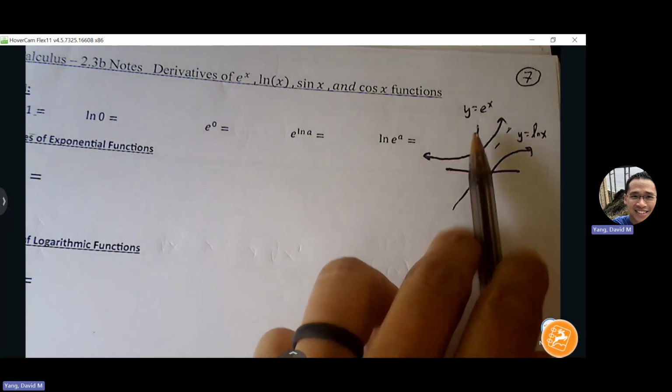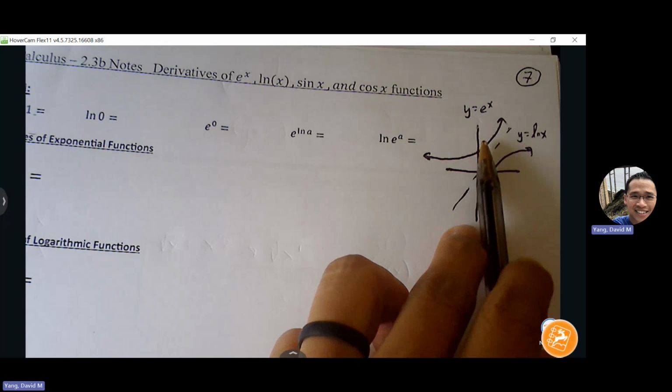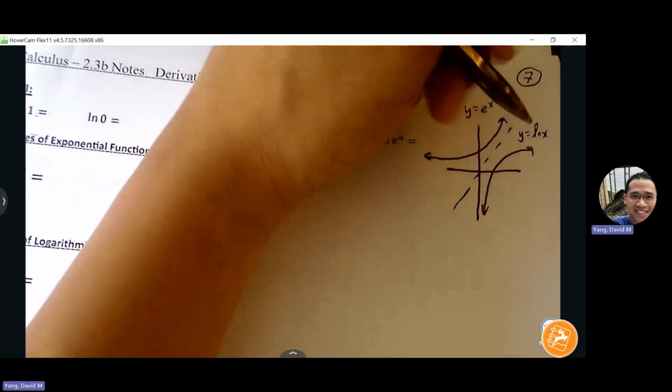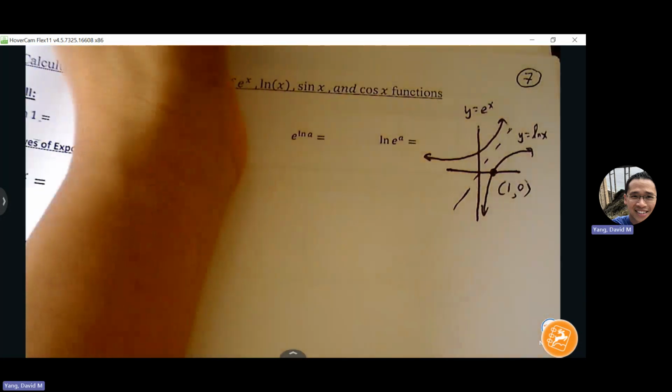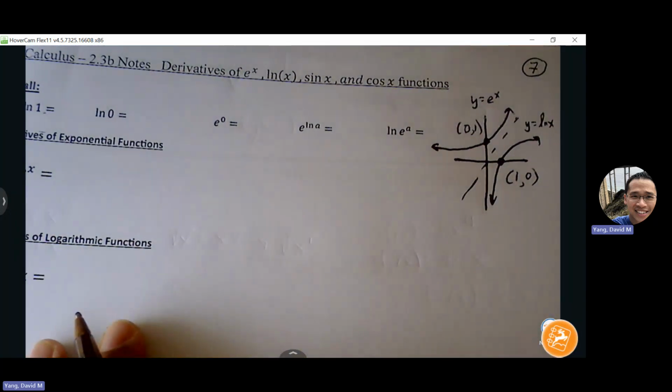Exponential functions and natural log graphs will always have flipped ordered pairs. So there's an ordered pair that lives here. That flipped version of that ordered pair will live here. An example would be if there's an ordered pair of 1, 0 that lives on natural log, which means that there's an ordered pair of 0, 1 that lives on e to the x. Right? They're inverses of each other.